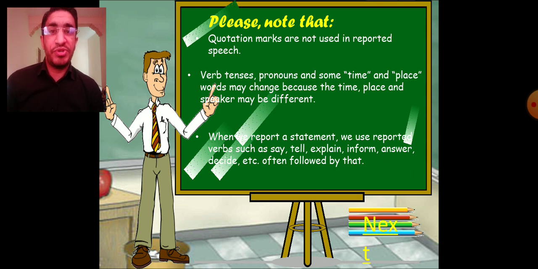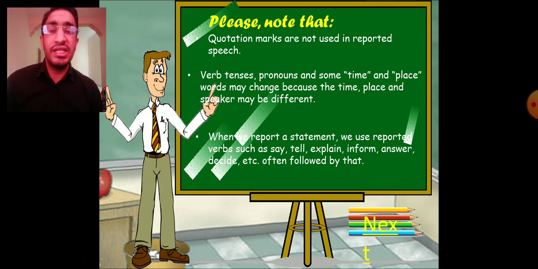It's optional. It's not a fixed rule. We can say he said that, or he said he was going, for example. If we go back to our first example, Mark wants to live in London, we can say Mark said he wanted to live in London, or Mark said that he wanted to live in London.